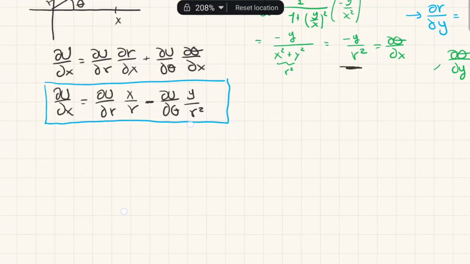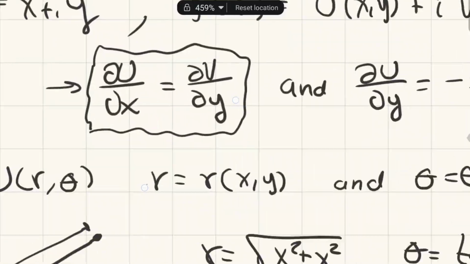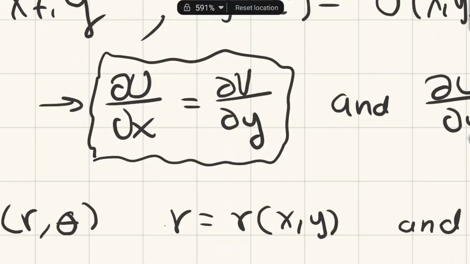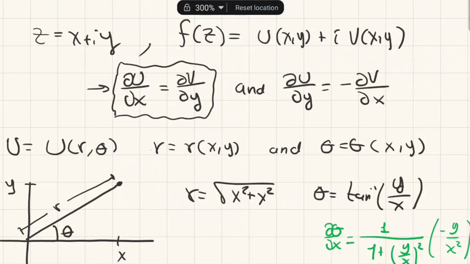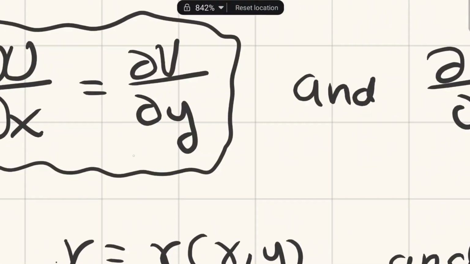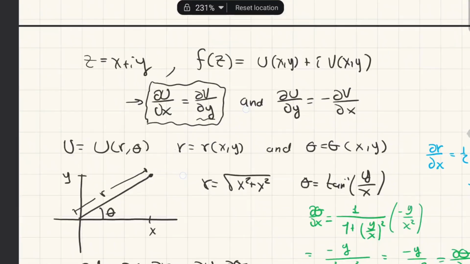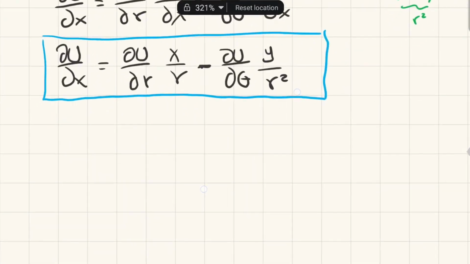And well, we want to use the fact that we know the Cauchy-Riemann equation for Cartesian coordinates is satisfied. So that means we may need to calculate this derivative over here, and then we are going to set them to be equal.